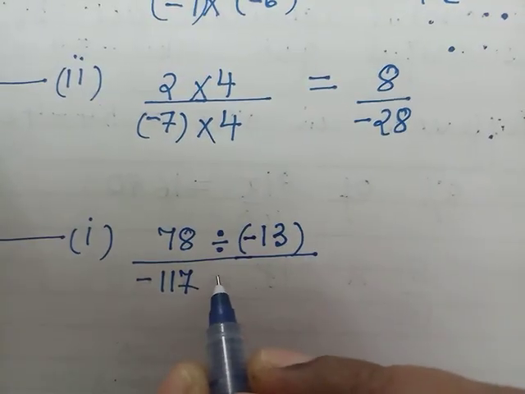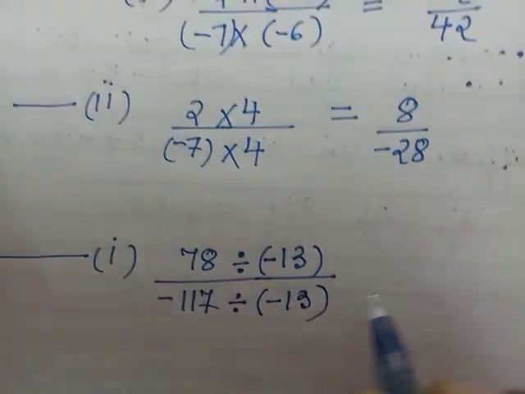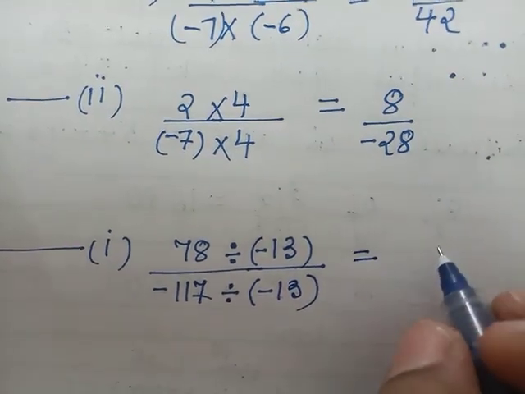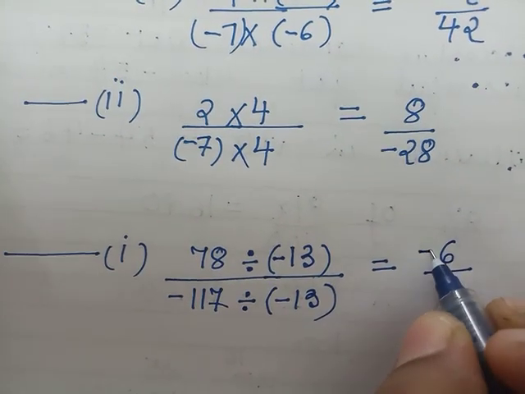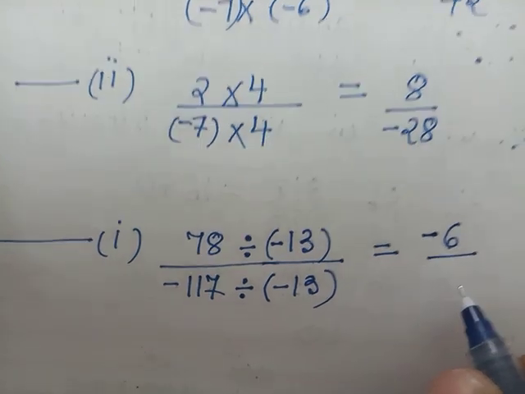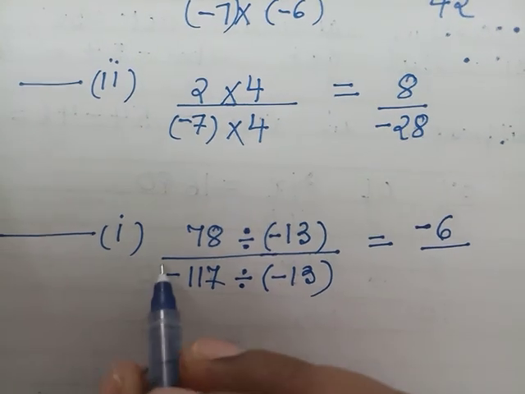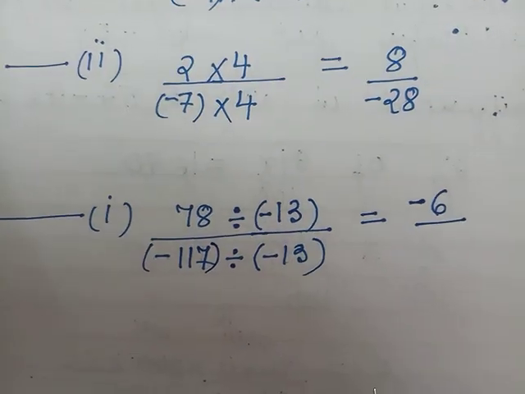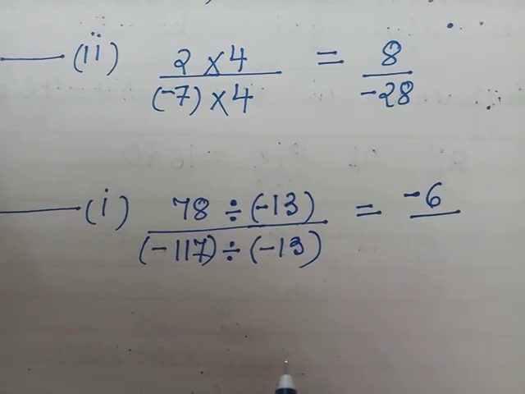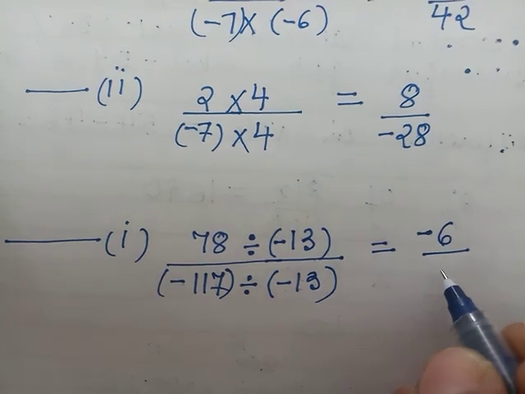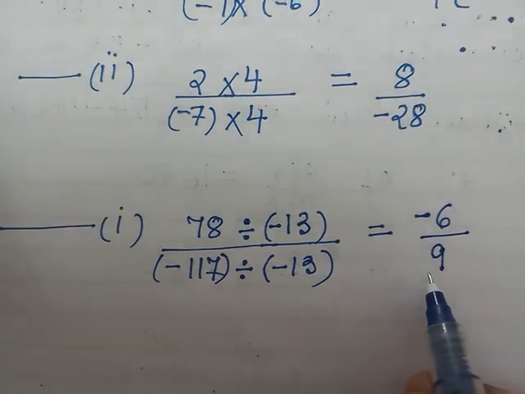If we are dividing the numerator, we divide the denominator as well. So what will you get? 78 divided by minus 13 will give you minus 6 in the numerator, and in the denominator, we know 13 9s are 117. And remember the division of integers: both are having the same sign, so the sign will become positive.